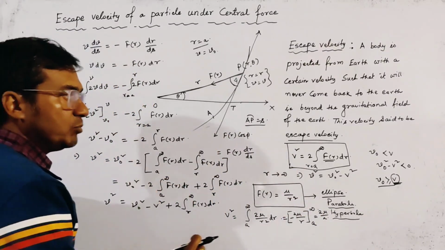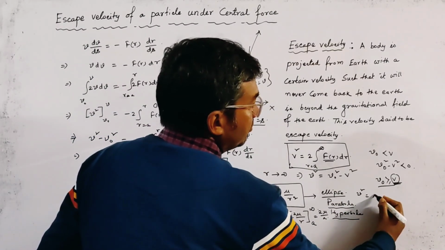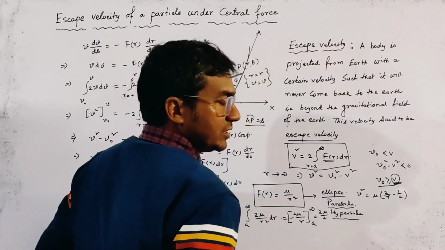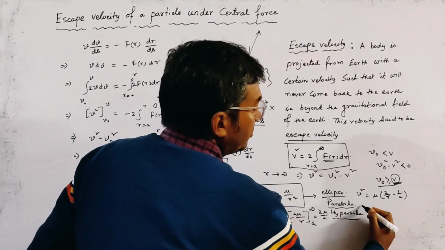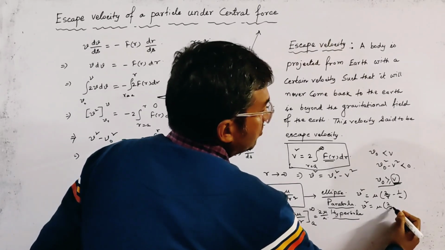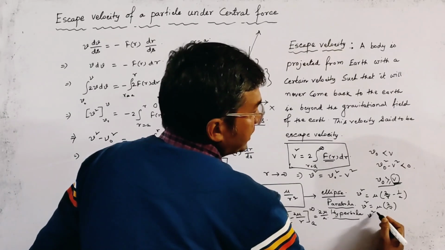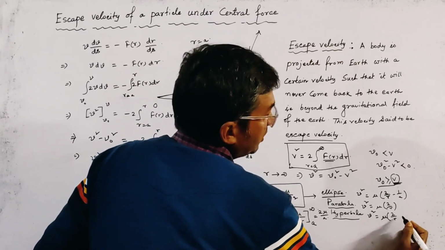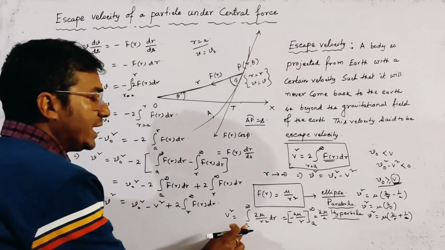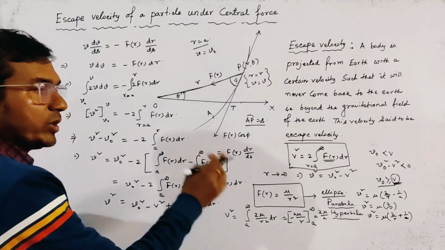And we know that for an elliptic orbit, v square is given by mu into 2 by r minus 1 by a. For a parabolic orbit, v square equal to mu into 2 by r. And for a hyperbolic orbit, v square equal to mu into 2 by r plus 1 by a. Here we let the initial point of projection r equal to a.